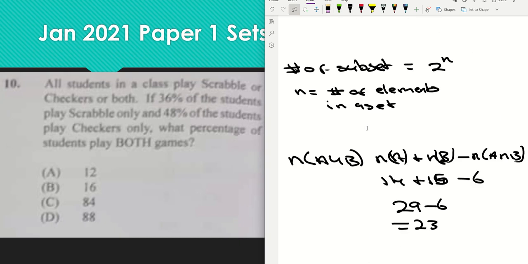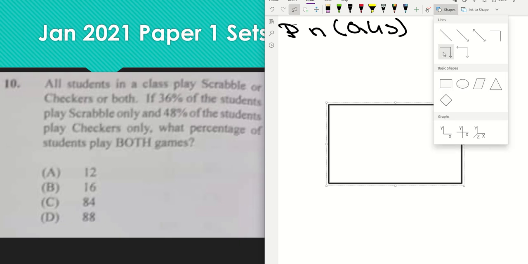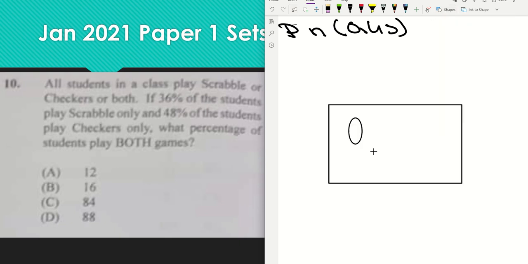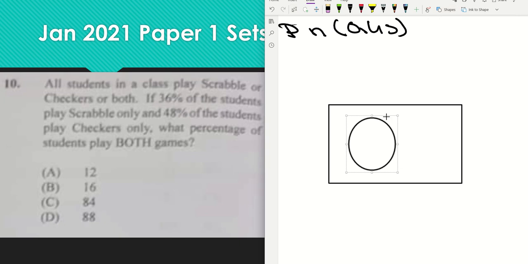They kind of change up the question, but let's do it. That was the one I had to draw my Venn diagram for. We have two circles, one for checkers and one for Scrabble. In percentage, your total is 100, so my universal set is equal to 100. This is Scrabble, this is checkers. Scrabble only is 36, checkers only is 48.